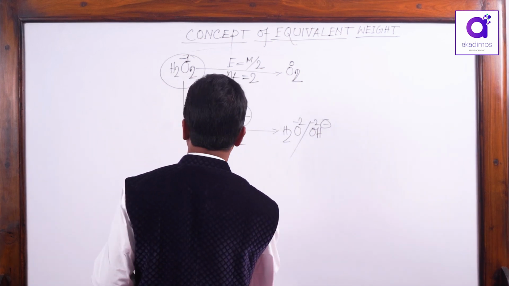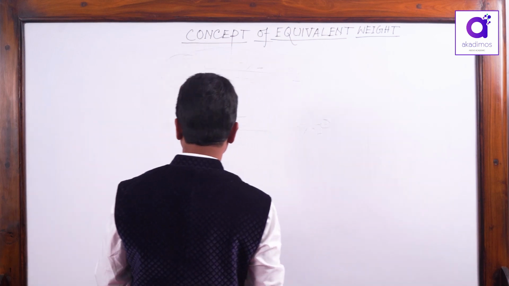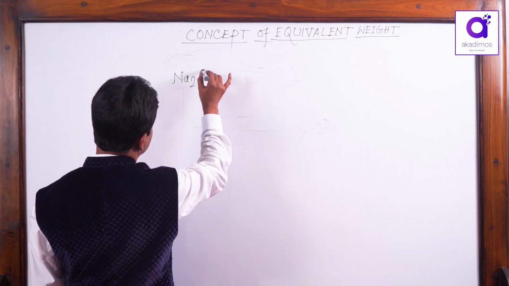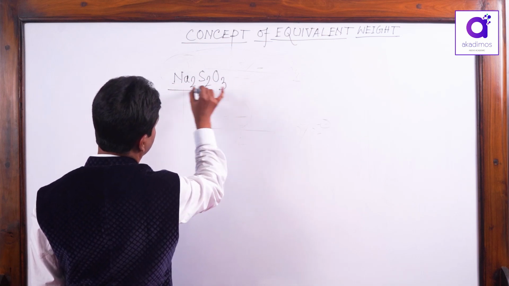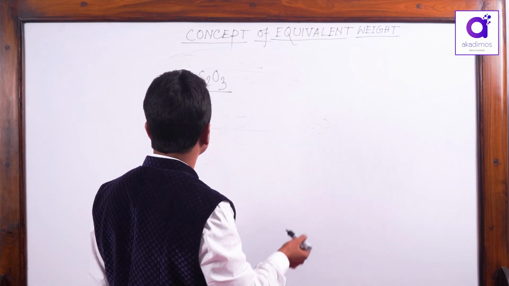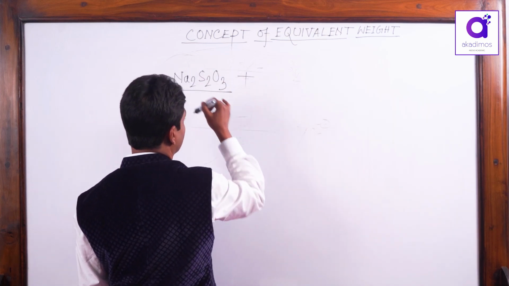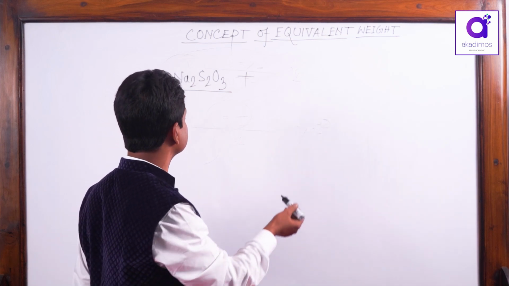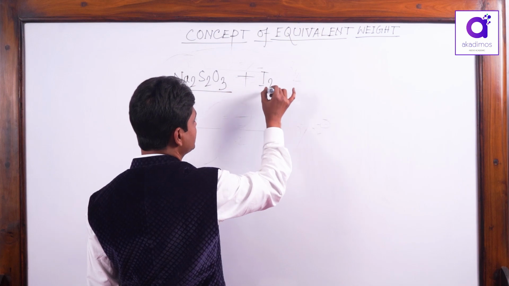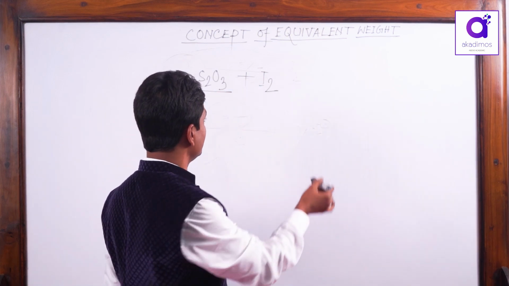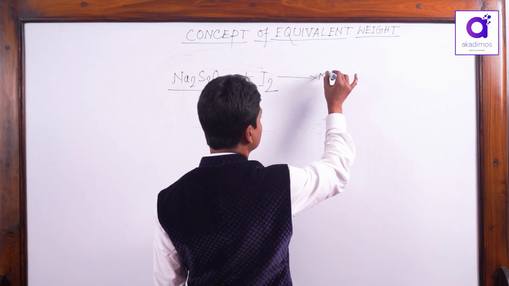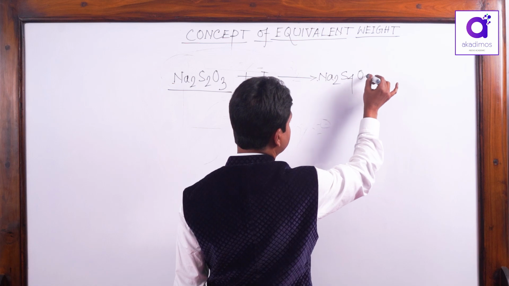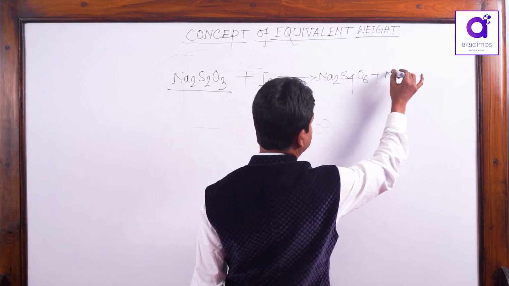Now, see another example: sodium thiosulfate, Na2S2O3. This is called hypo solution, a standard sodium thiosulfate solution, a primary standard. When it reacts with I2, it forms Na2S4O6 plus NaI.